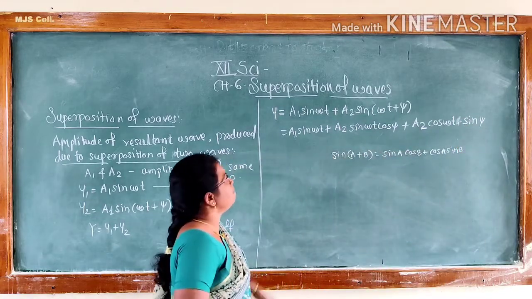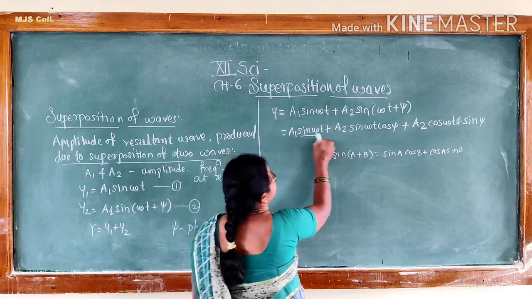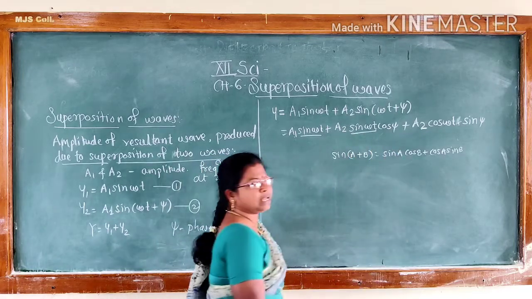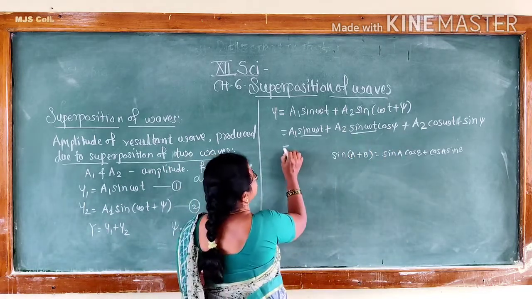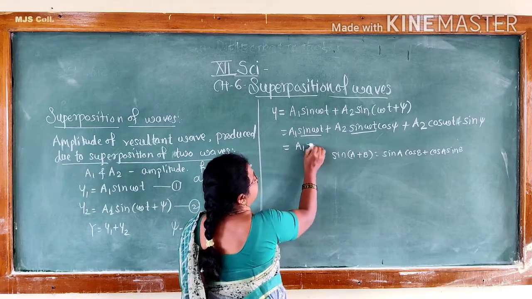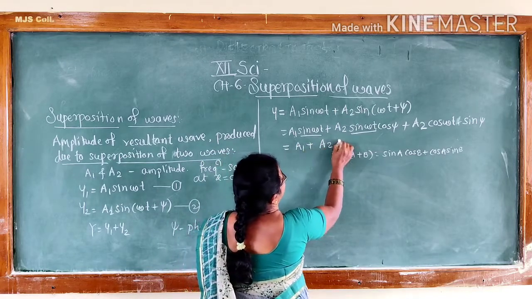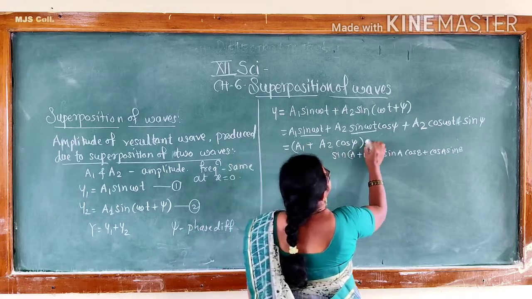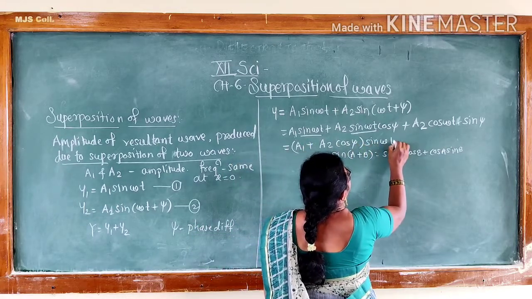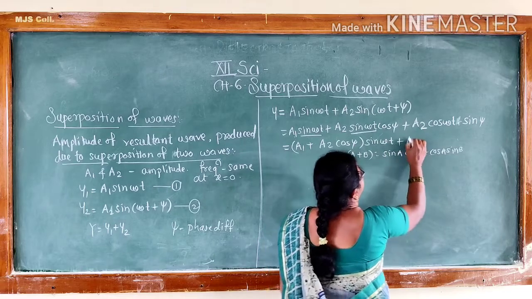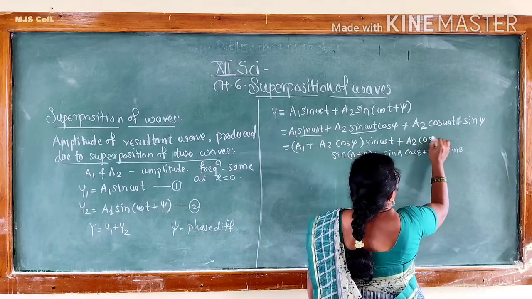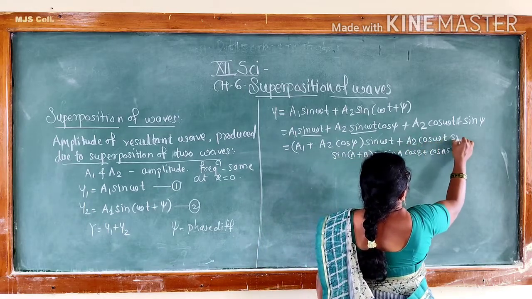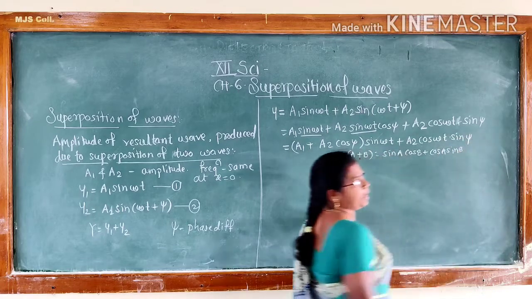Is it clear? Then take the common factor sin omega t: y is equal to (A1 plus A2 cos psi) sin omega t plus A2 cos omega t sin psi.